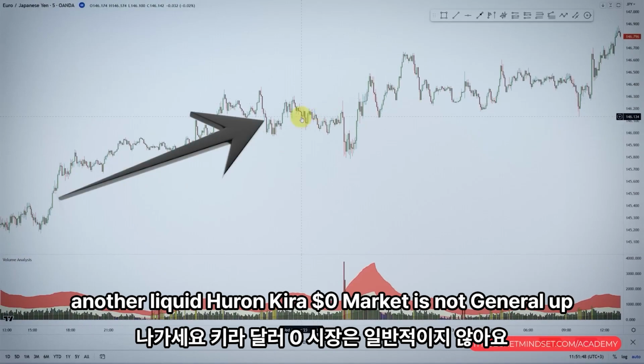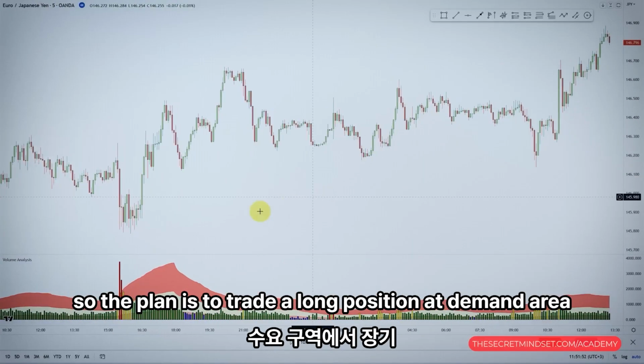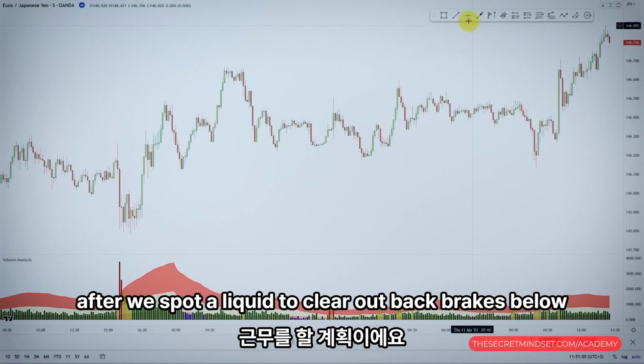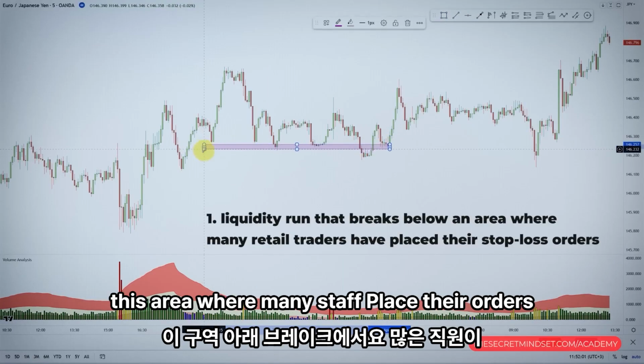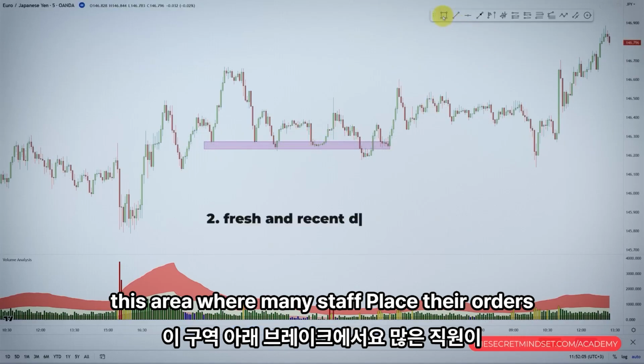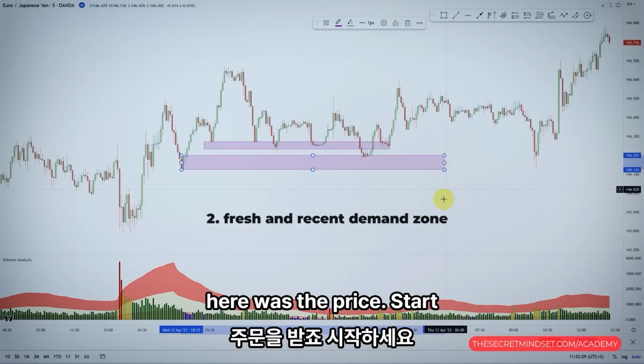Market is in a general uptrend, so the plan is to trade a long position at the demand area only after we spot a liquidity clearout. We see this liquidity run that breaks below this area where many retail traders have placed their stop loss orders. We found a fresh and recent demand zone right here.